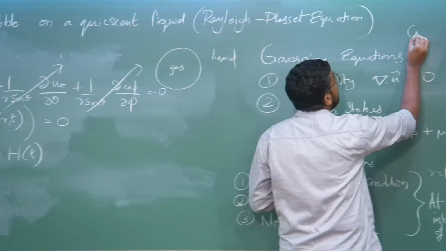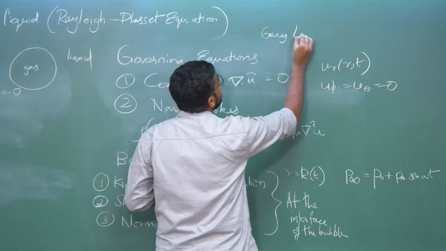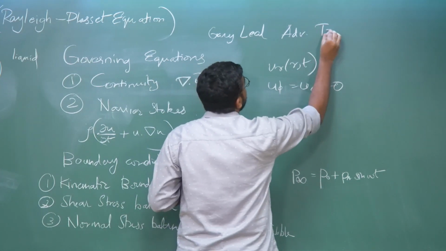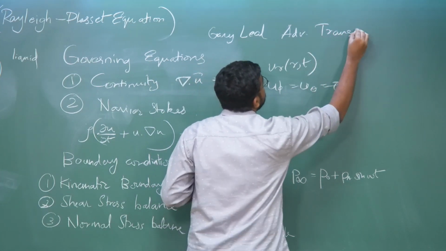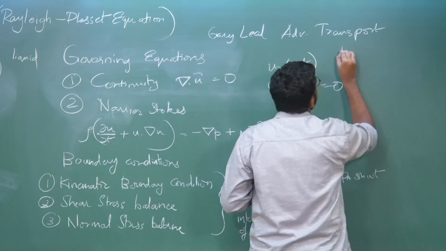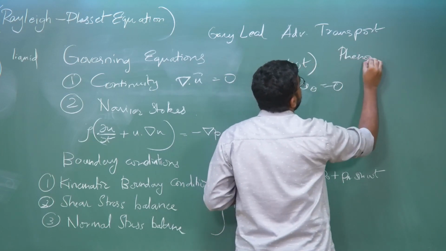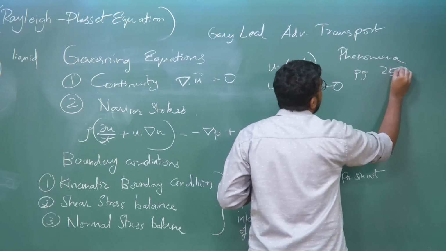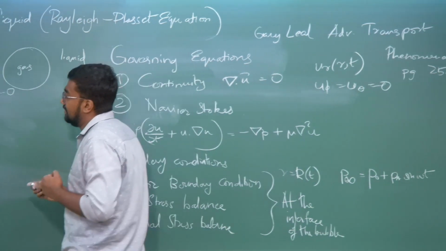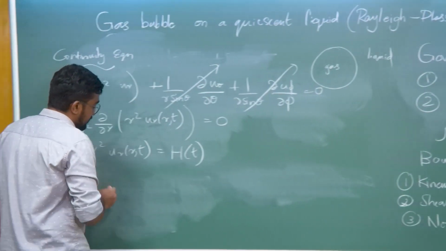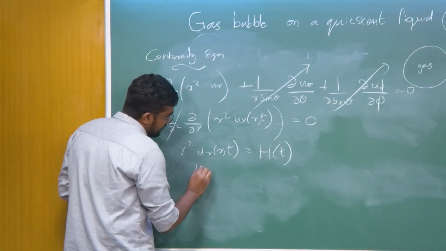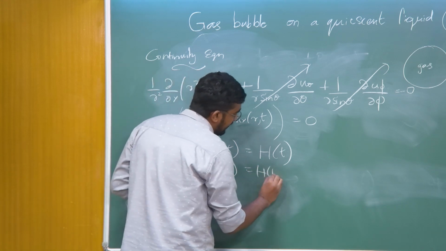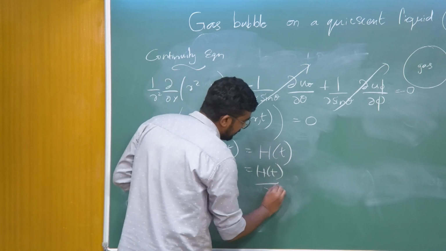Rayleigh, Advanced Transport Phenomena, page number 250 onwards. Now, what we will get here is u r anywhere in the domain is h of t by r square.